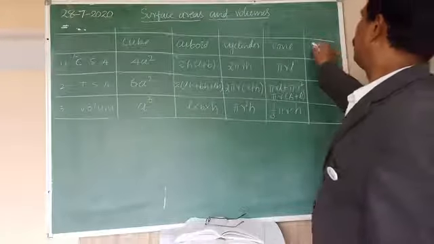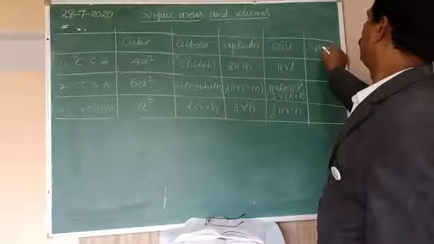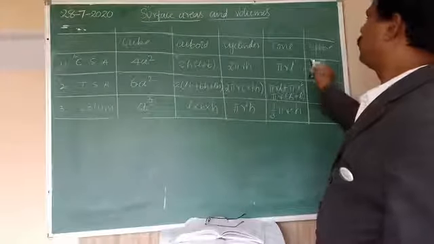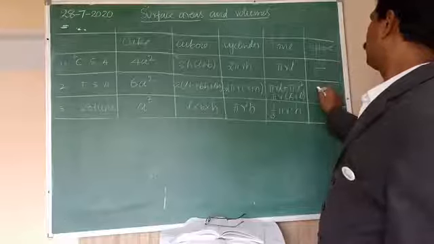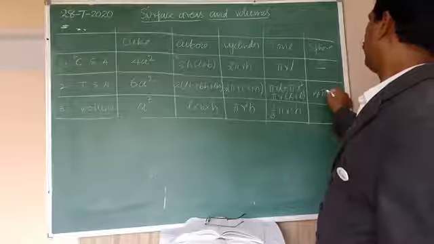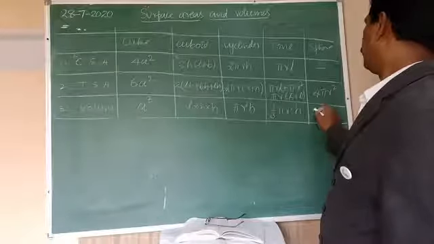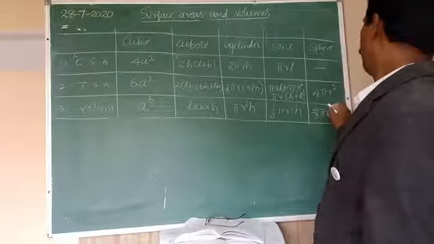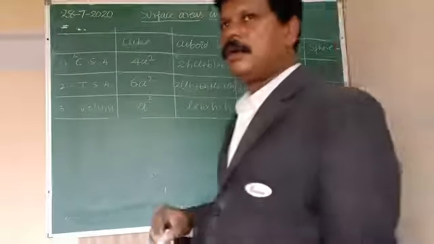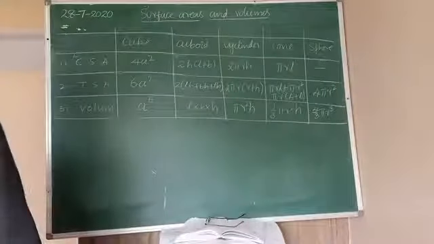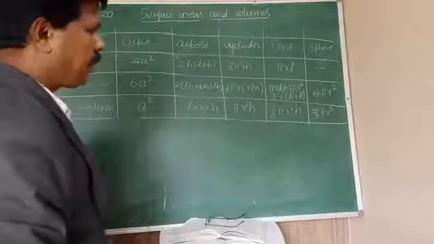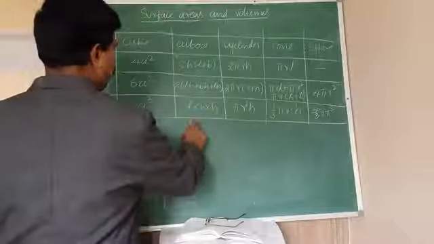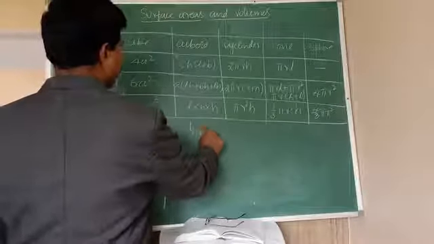Then sphere. For a sphere, there is no lateral surface area. Total surface area is 4 pi r square, and the volume of a sphere is 4 by 3 pi r cube. Then one more is a hemisphere.